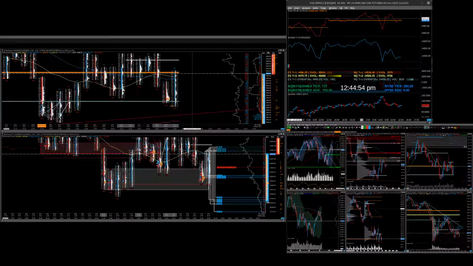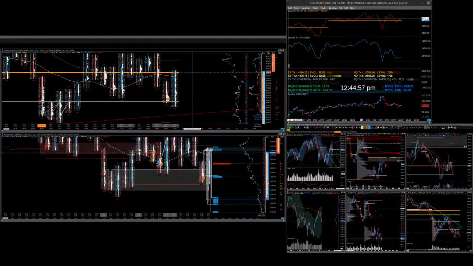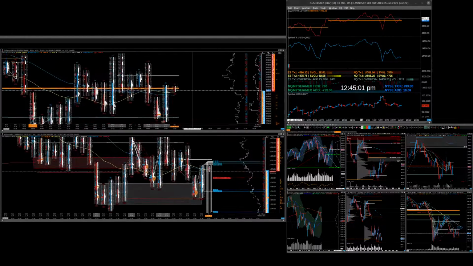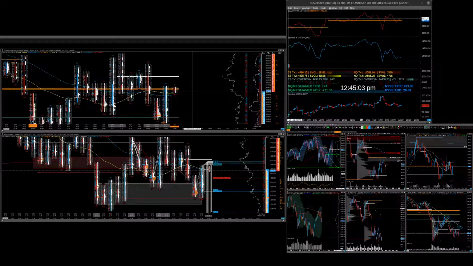Anybody know what the market on close is for the rebalancing? Oh, this market's going to go take stops. It's going to take all my stops.